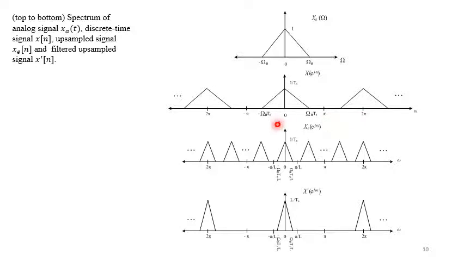Now, because we sample it using a sampling time of Ts, this will be scaled. I hope that's quite straightforward, because we have done this so many times. It will have a maximum value of 1 by Ts, or we can say it is scaled by a factor of 1 by Ts.